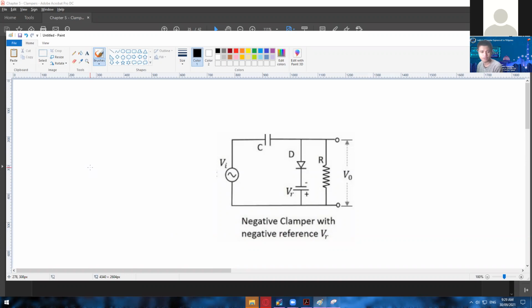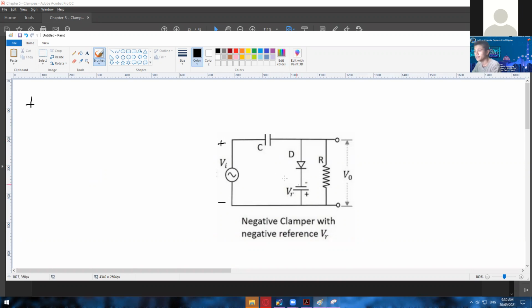Mr. Santa Cruz. Positive, sir. Okay, very good. So we should start at positive half cycle because again, we need to make this one a closed circuit. So positive to negative in order for us to charge this capacitor, right?